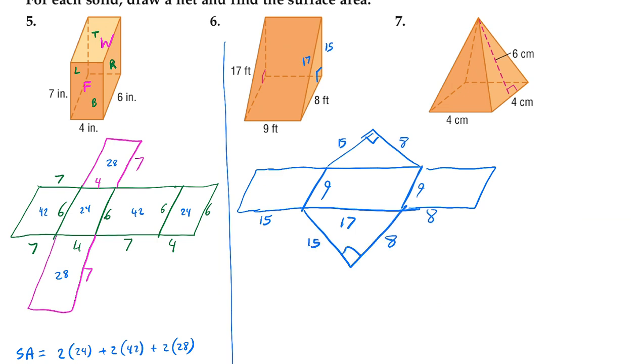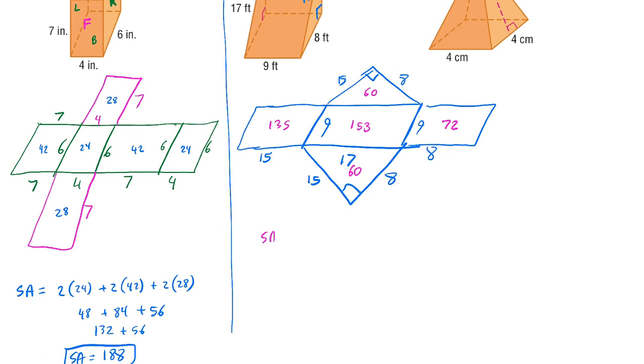And then we just need to find the area of all these. So 9 times 15, that's 90 and 45, 135. 9 and 8, 72. 9 times 17, that's 90 and 63, so 153. And then up here, that's 1/2 base times height, so 1/2 of 8 times 15, or in other words, 4 times 15, which is 60. Same thing down here because it's the same base.